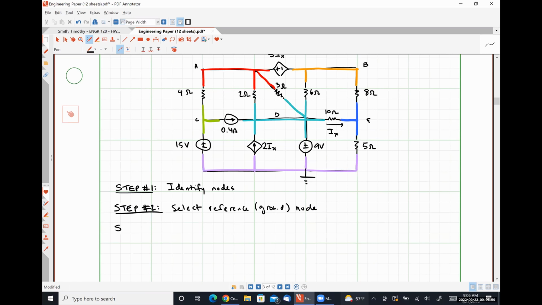Step number 3 here will be to identify our supernodes.